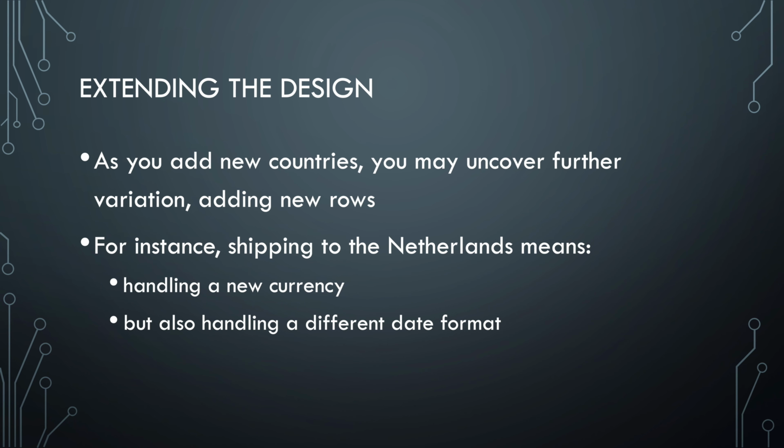When you extend the design by adding new countries, you may need to add more rows as well, as you discover more variation. If you add shipping to the Netherlands, you'll have to handle a new currency, but you also might need to add a variety of date formats, or custom clearing delays that you need to take into account for planning the shipping.